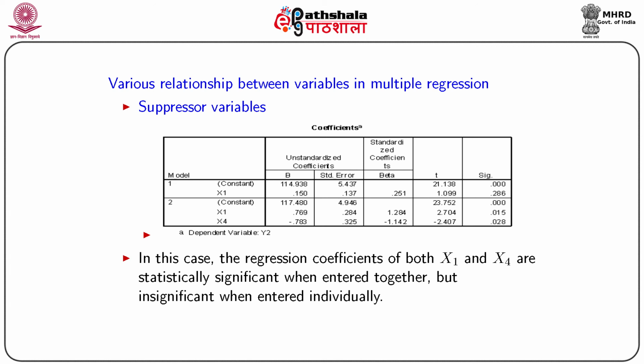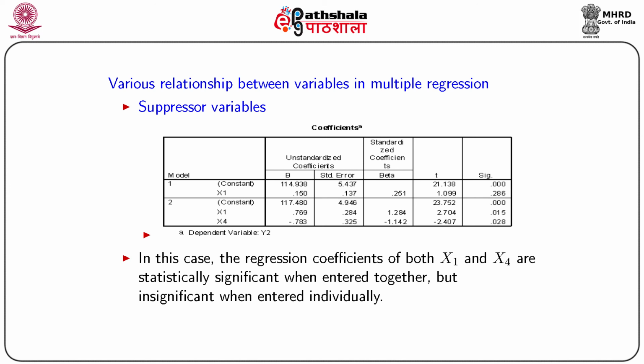In this case, the regression coefficients of both x1 and x4 are statistically significant when entered together, but insignificant when entered individually. It is noted that the regression coefficient for x1 is positive and the regression weight for x4 is negative, which means that x1 positively influences y.